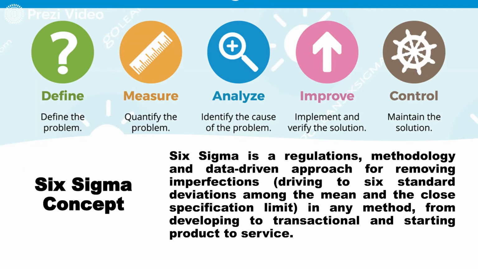So in a way, when we try to achieve these objectives, we have to work on 5 aspects. First is define, second is measure, third is analyze, fourth is improve, and fifth is control.